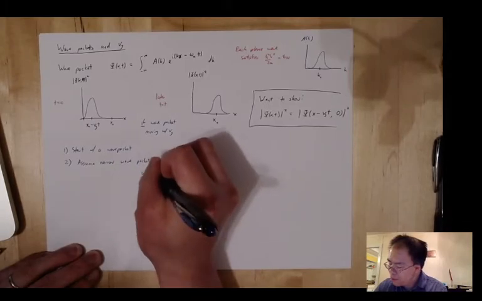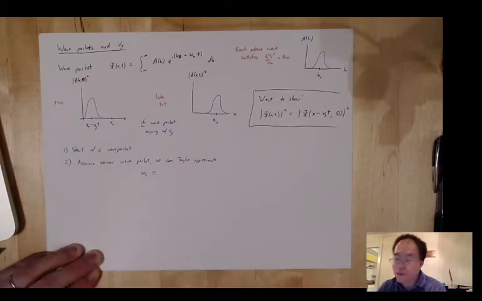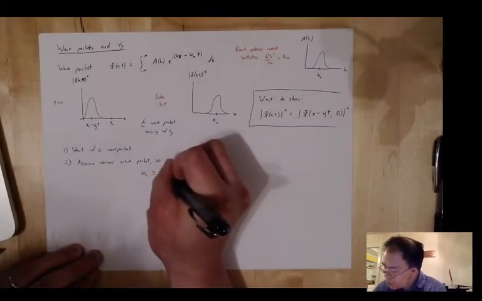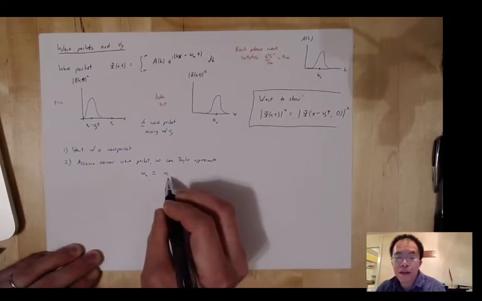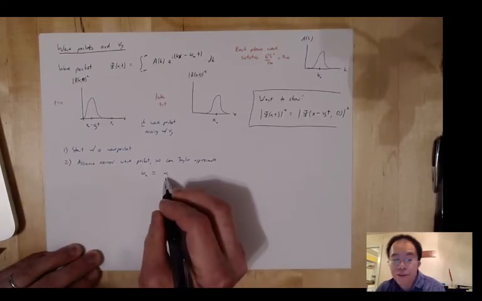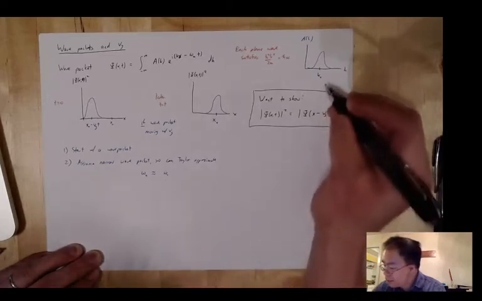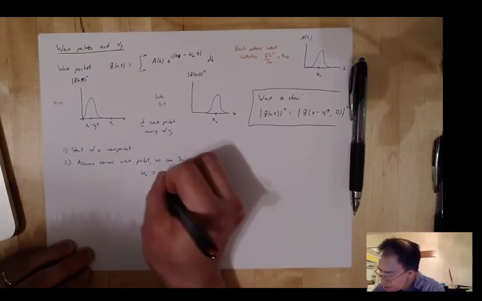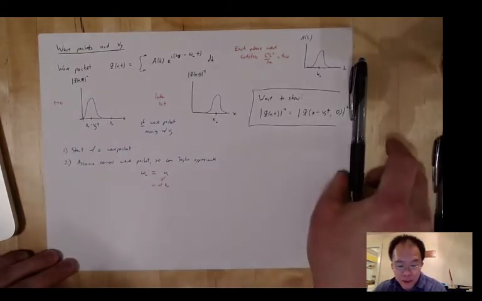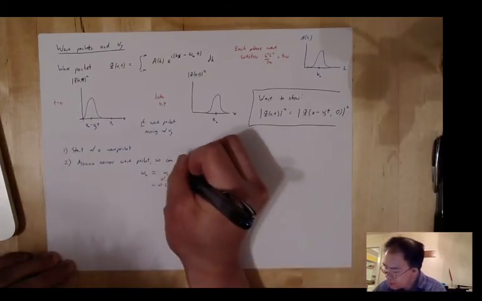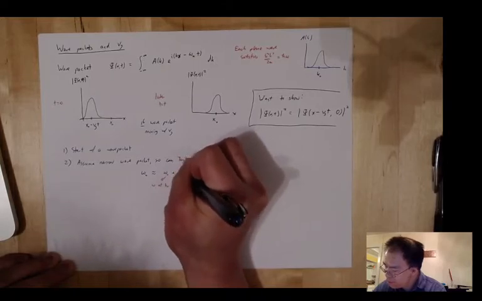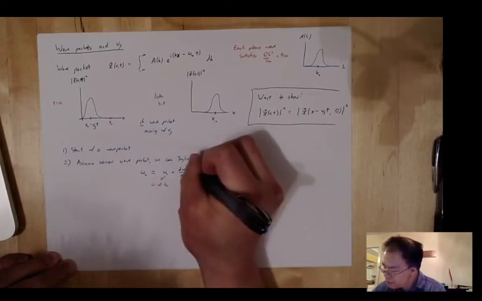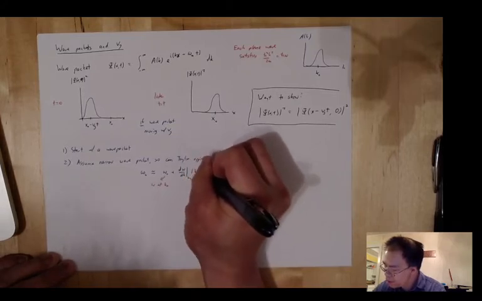So omega of k is approximately equal to omega naught, the angular frequency at k naught, plus d omega dk evaluated at k naught times k minus k naught.